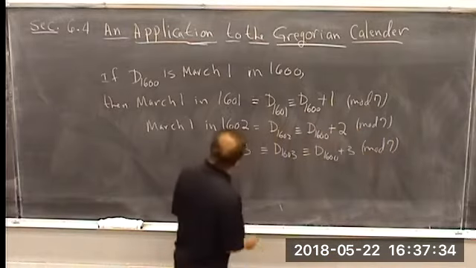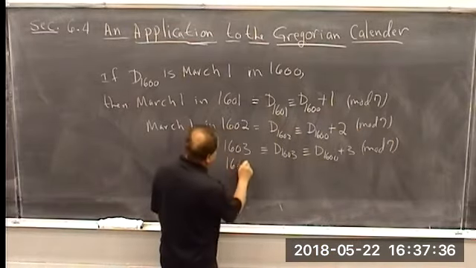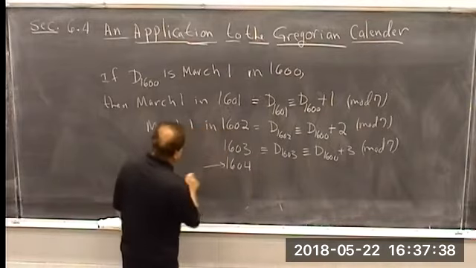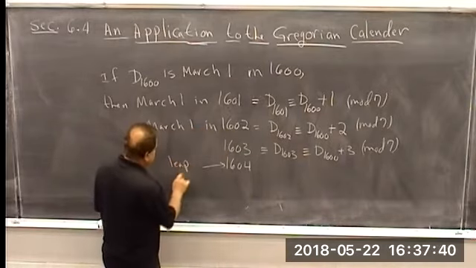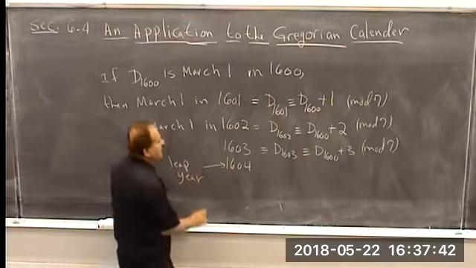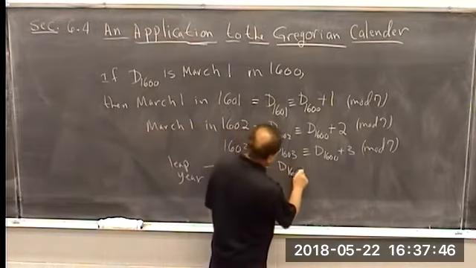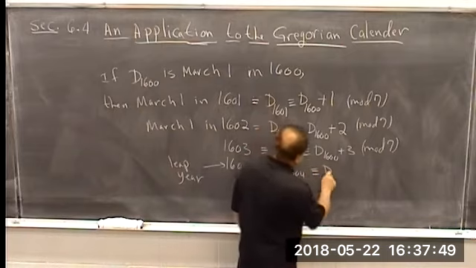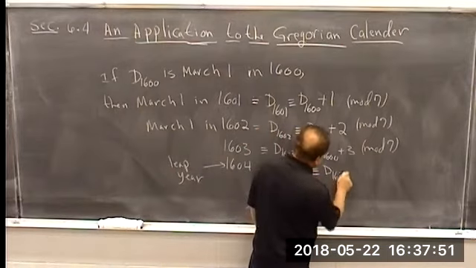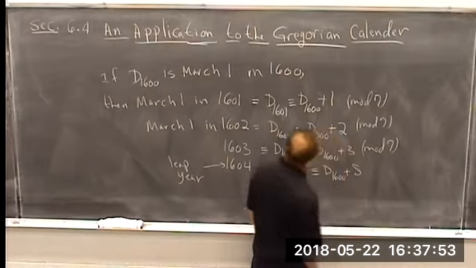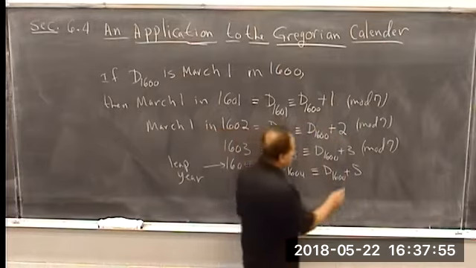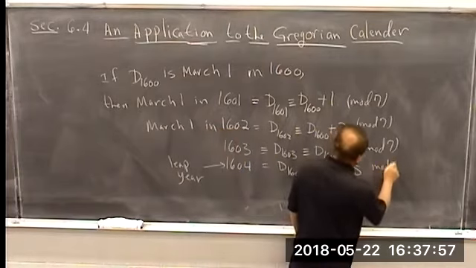Then the year 1604 is a leap year. And this time, D 1604 is going to be D 1600 plus 5. So we have to jump by 2 here, mod 7.